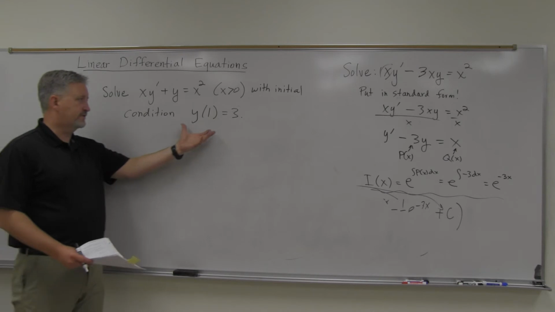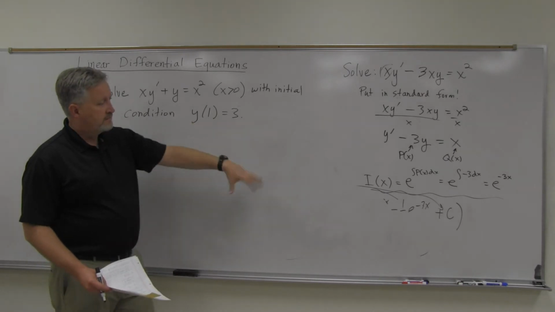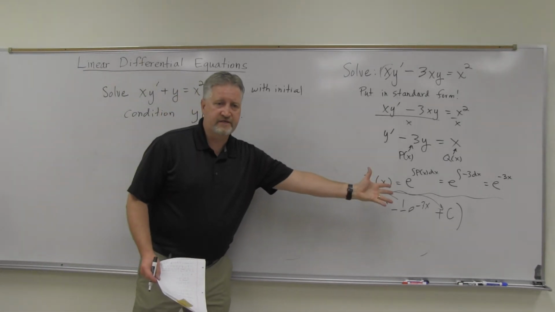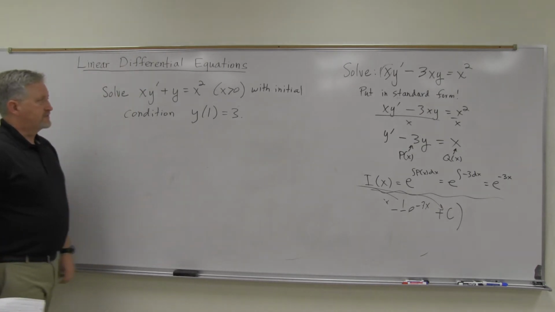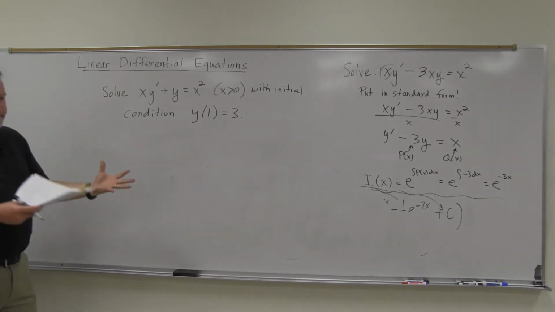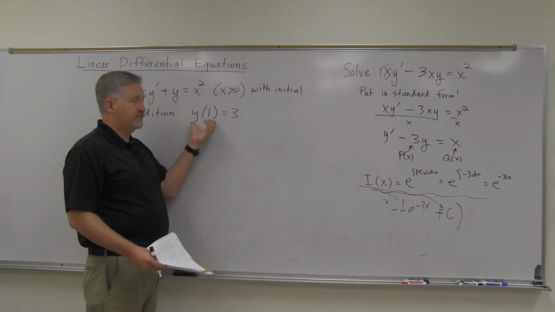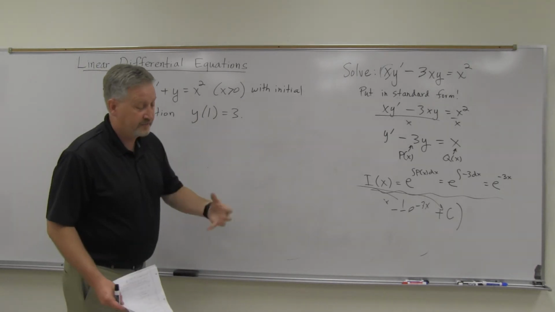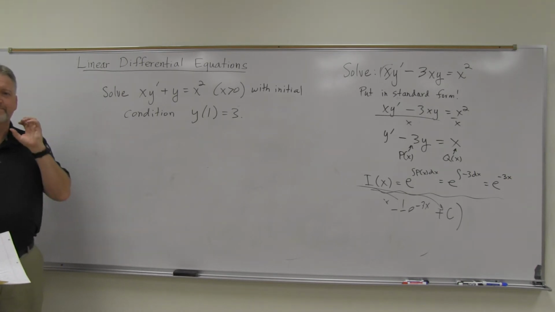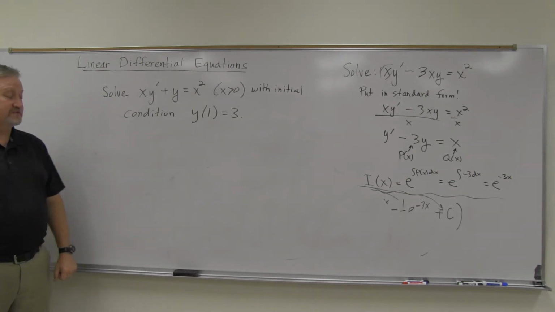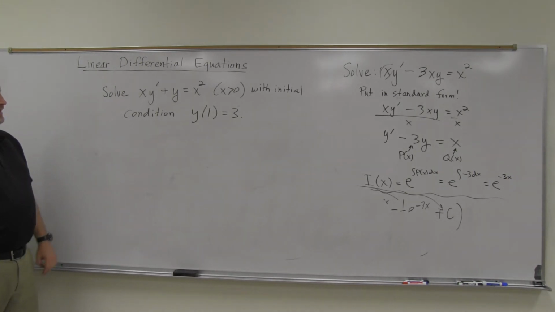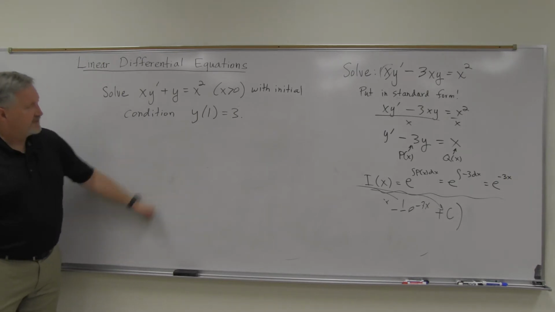Remember what this allows me to do: most of our solutions come out with a constant c there, which means c could be anything, any number, but when we have an initial condition, that'll enable us to find a specific c value. So just one more step added on to this.